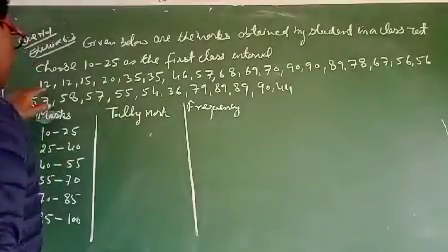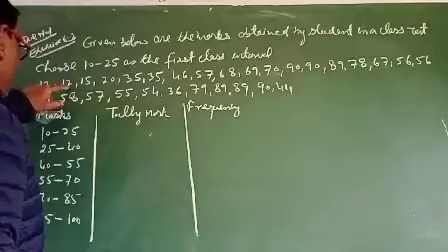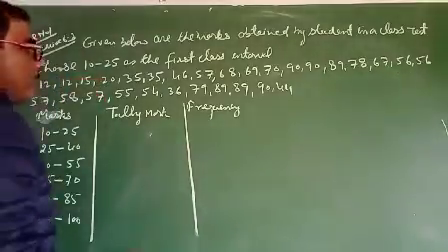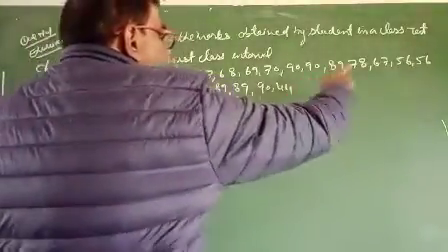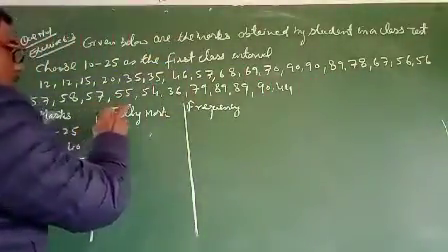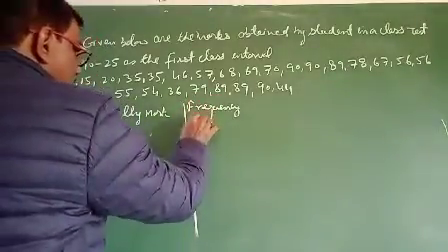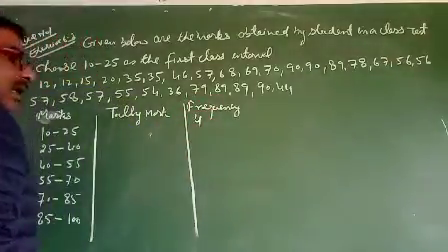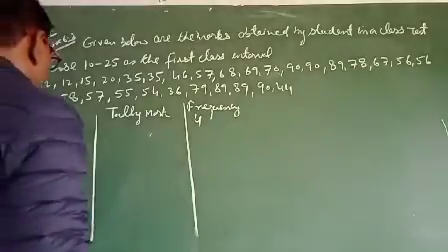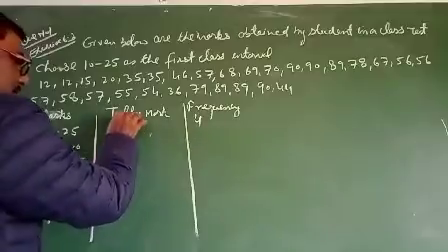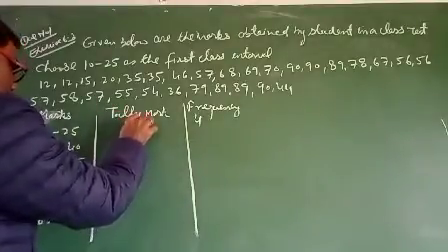Here 12, 1, 2, 3, 4. That is 4 students got marks between 10 and 25, and the tally mark frequency will be 4.